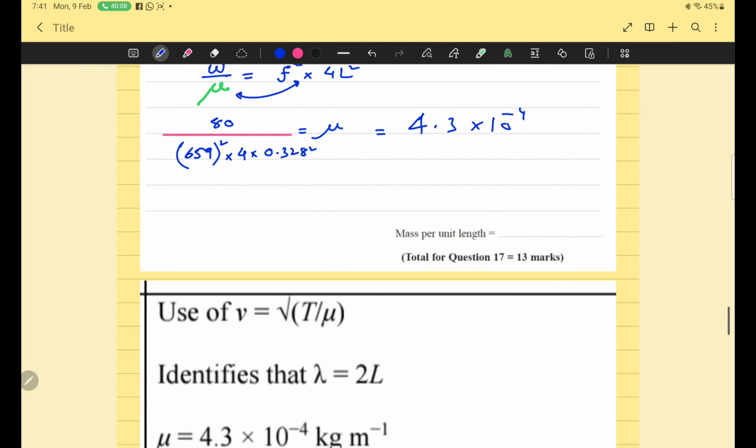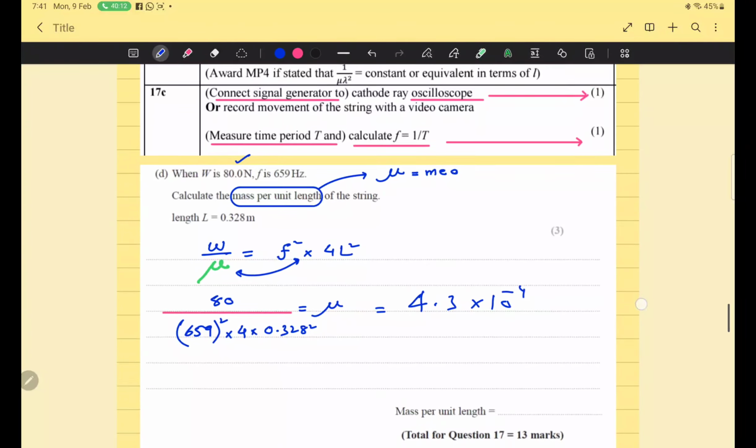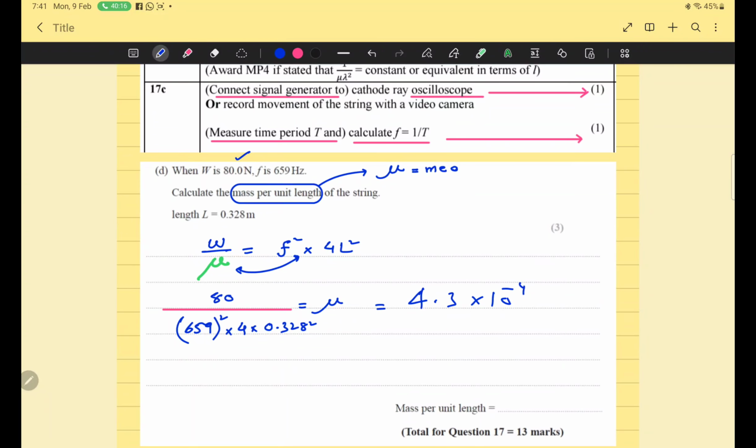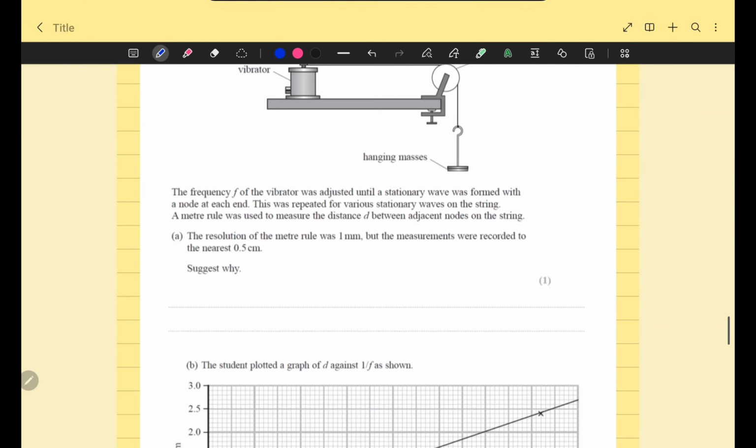Okay, and now... जी बेटा मनाइल, हम आगे जा सकते हैं। ठीक है बेटा। And now we have another question.